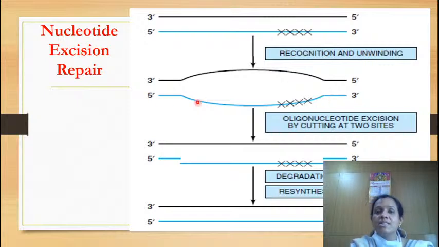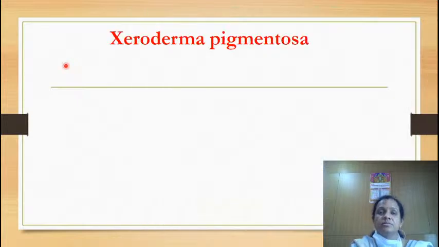This much sequence is removed by endonuclease, and then once again the polymerase and ligase will synthesize the new one, exactly complementary to the parent strand. So this is how nucleotide excision repair occurs.